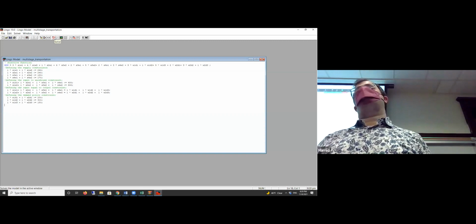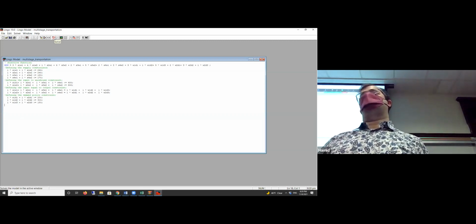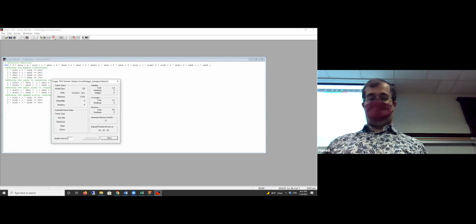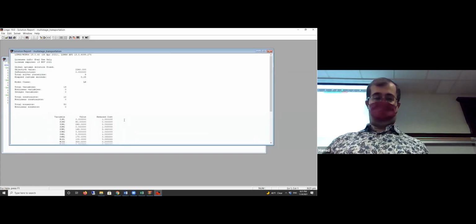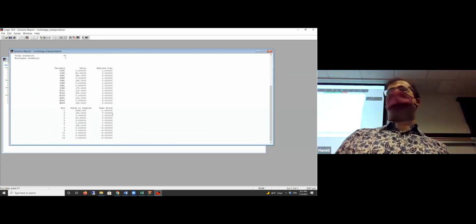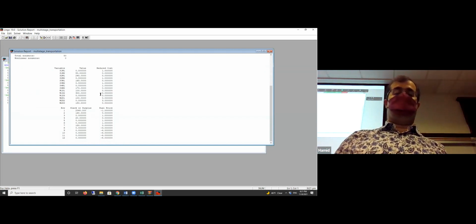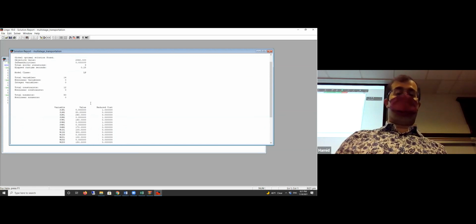There's a solve button. You just click on it. It also gives you some sensitivity analysis like slack, surplus, reduced cost, final values.